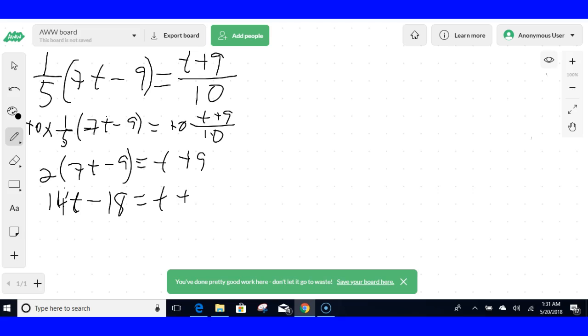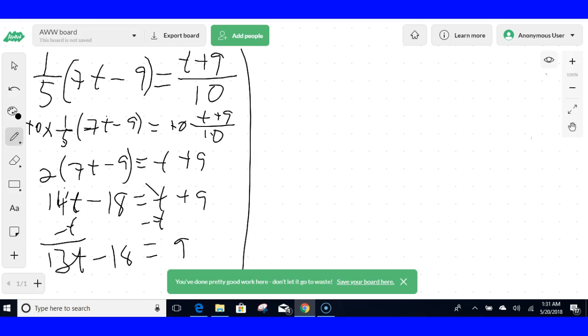And we are on basic algebra here, so we can combine like terms, so that will give you negative t, and that will leave me with 13t minus 18 is equal to t is gone and 9.